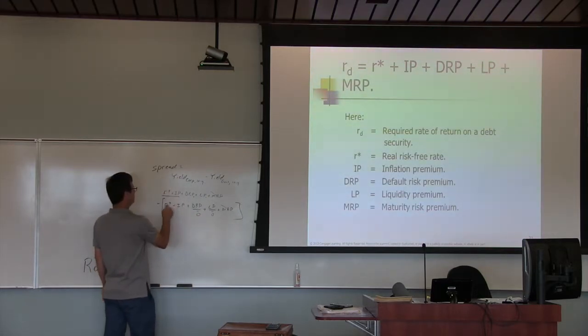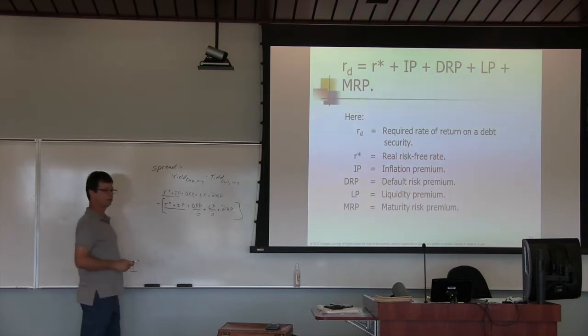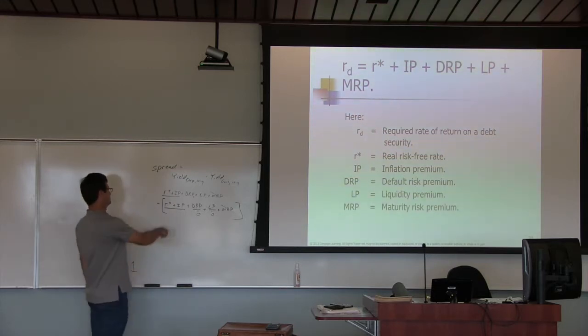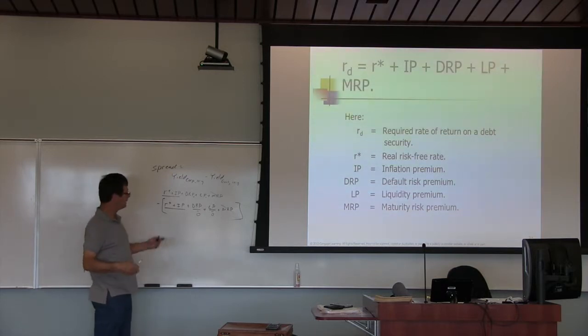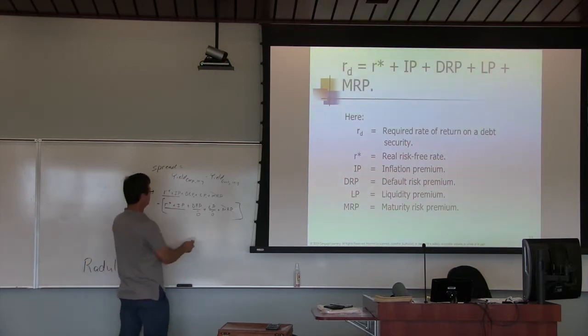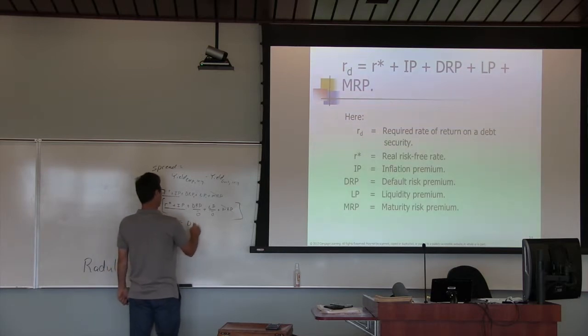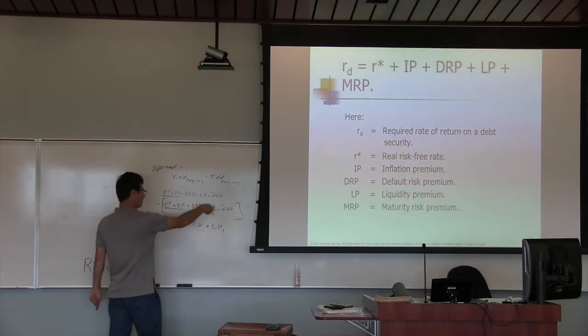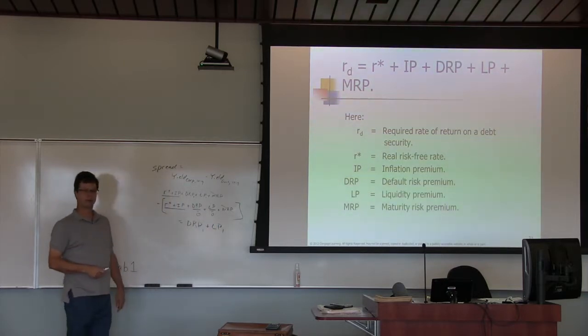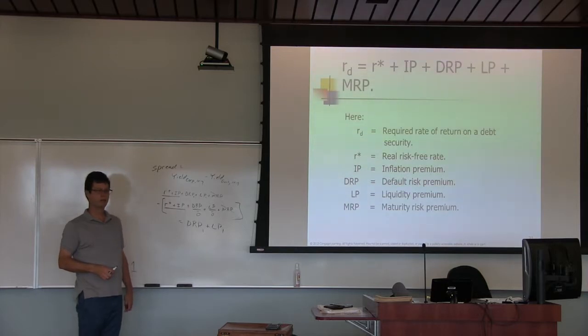The baseline short-term risk-free rate, that's the same, so that'd be our treasury bill rate right there. And so all that's left for that spread is going to be the default risk premium on that corporate bond plus its liquidity premium, right?